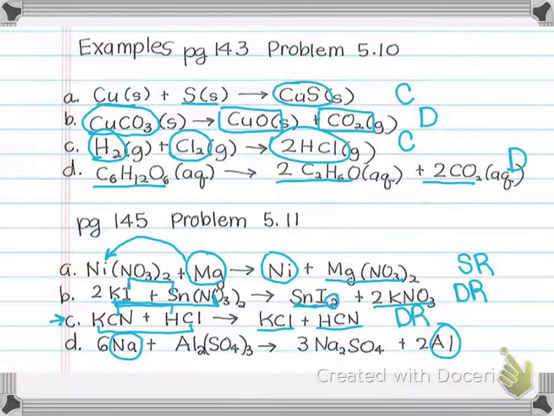So look what's happened, sodium kicks out aluminum. So now sodium is in with the sulfate we see here, and aluminum's by itself. So that's single replacement. So remember, in single replacement you will have an element that's individual on both sides.